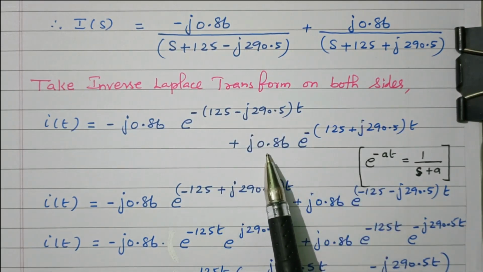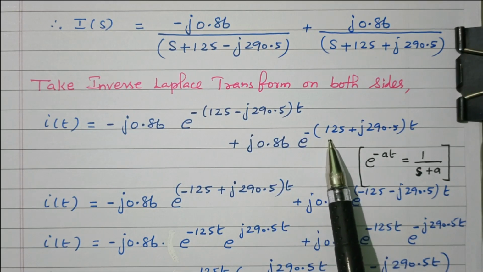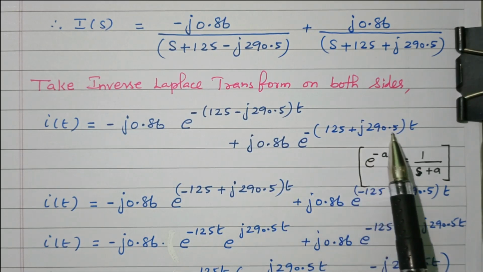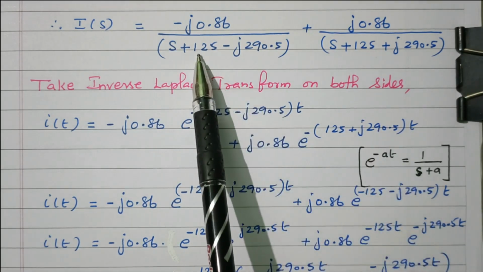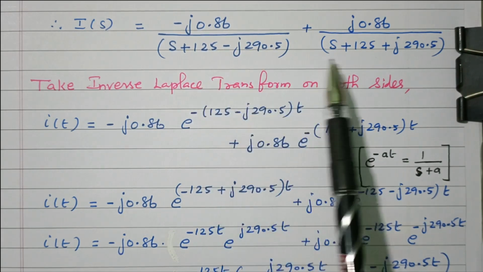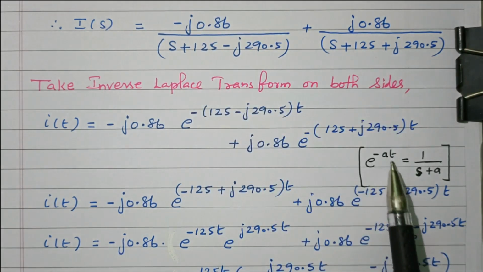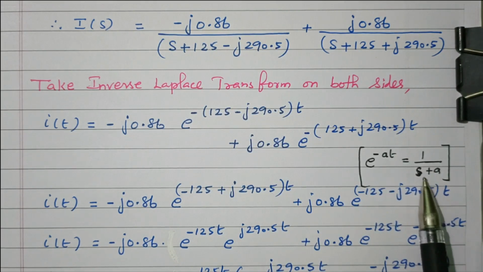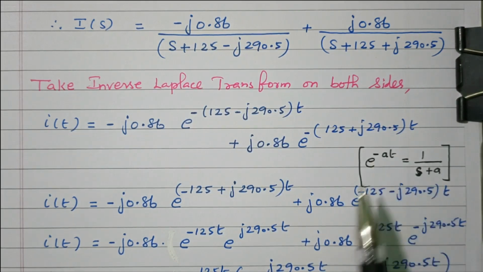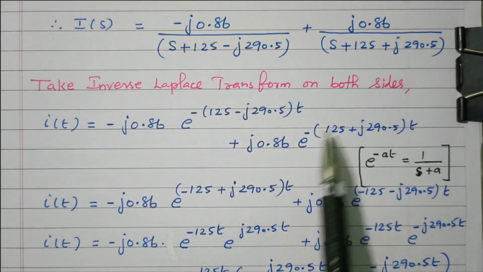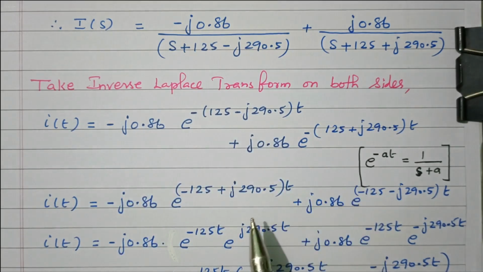Here also J 0.86, same thing, with 125 plus J 290.5, where both terms are different. 125 minus is there, here 125 plus is there. In both cases we applied this value. E power minus at is 1 divided by s plus a. Here plus means here minus. Right. Now we got the inverse Laplace in the time domain.